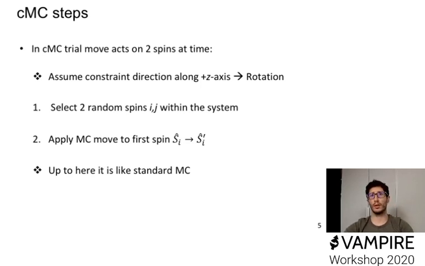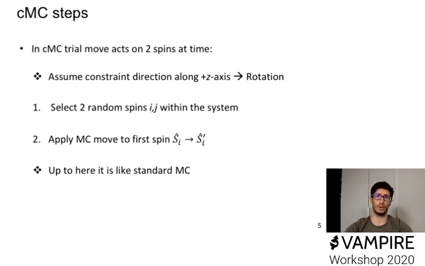So okay, let's go through these steps. We select two spins, spin I and spin J, and spin J we will also refer to as a compensation spin, and we'll see in a second why we call it in this way. So the first thing we do now is to apply a Monte Carlo move to the first spin.